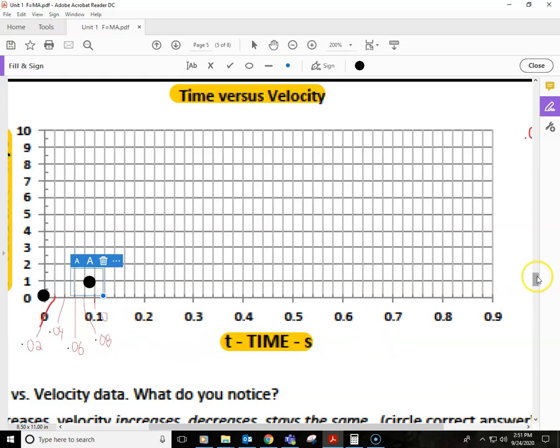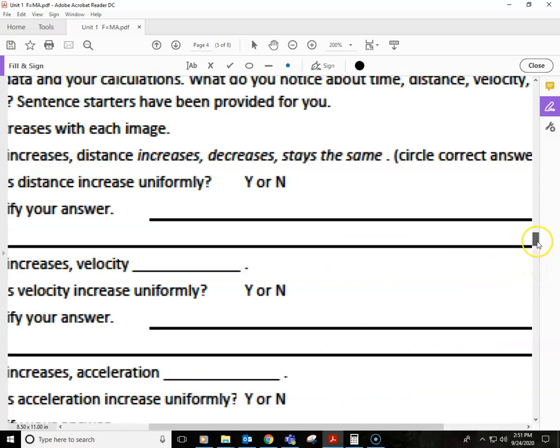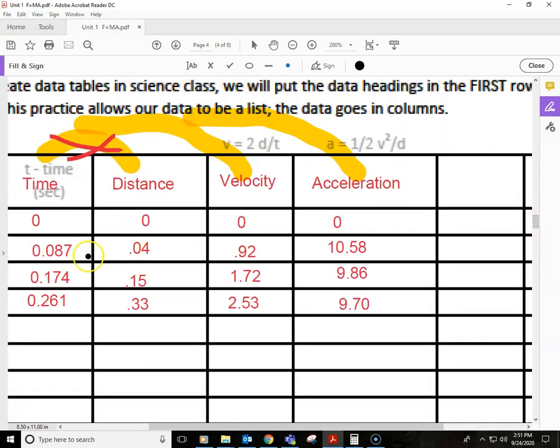What's my next number? I have to go back here. Like I said, take a photo. You won't have to jump back and forth. Remember, it's time versus velocity. 0.174 versus 1.72.